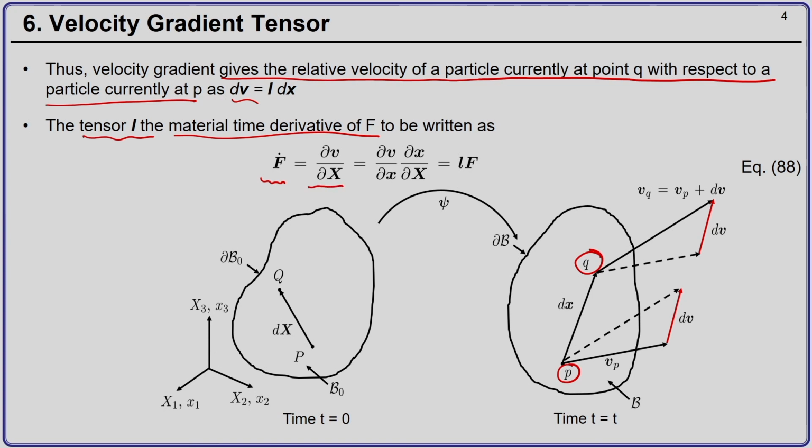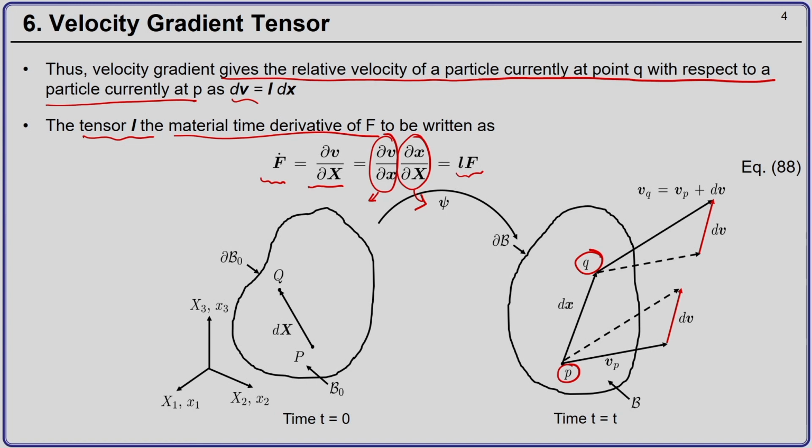The material time derivative of the deformation gradient tensor is nothing but del v by del X. So, I can write del v by del X as del v by del x into del x by del capital X. Now, from equation number 87 on the previous slide, we can recognize that del v by del x is nothing but the velocity gradient tensor L, and del x by del X is nothing but the deformation gradient tensor F. So, I can write F dot as the velocity gradient tensor L times the deformation gradient tensor F.